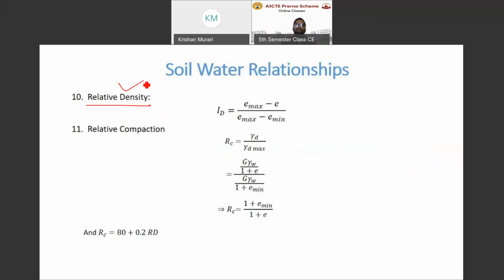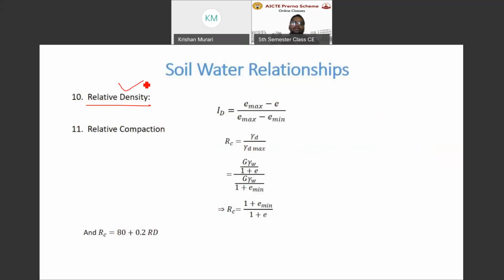If air voids are reduced, that means the void ratio is also reduced, because the void ratio is the volume of voids to the volume of solid. So if the volume of voids is reduced, then the value of void ratio also reduces. That is clear, na? If we increase the voids, then the void ratio also increases.